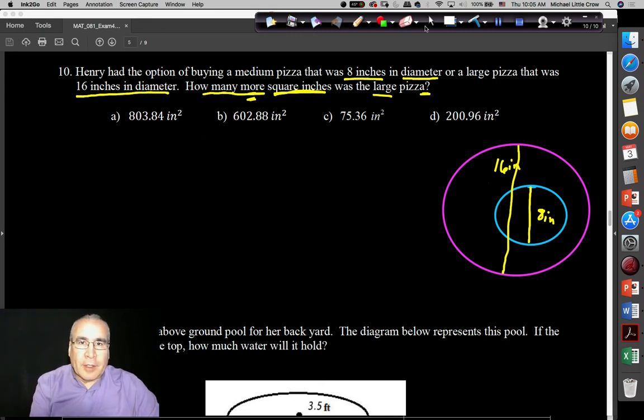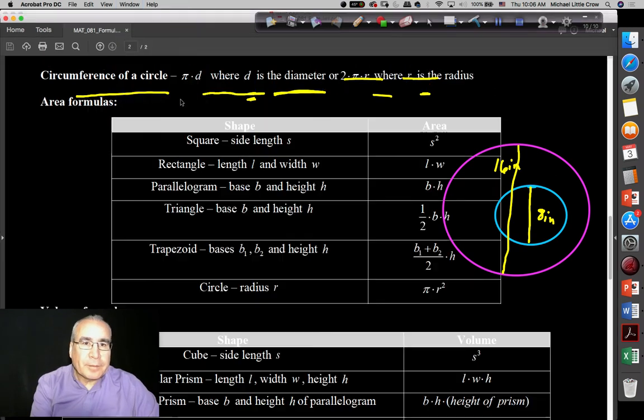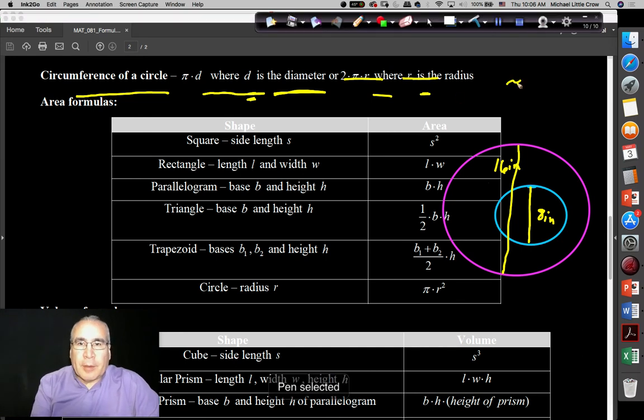And we'll look up the formula for the area of a circle, because that's what we're looking for. So under the formulas, areas, we see that the area of a circle is given by pi times the radius squared. Let's go ahead and write that down. Area equals pi times the radius squared.